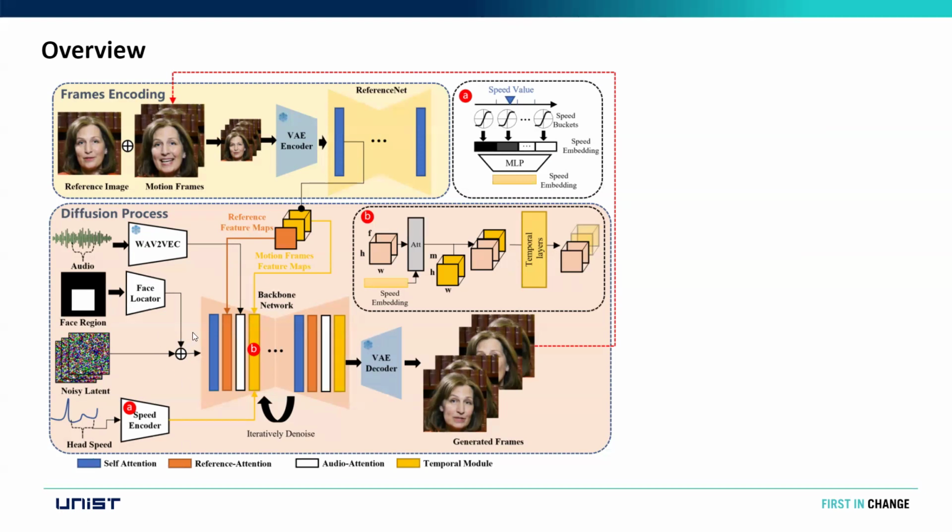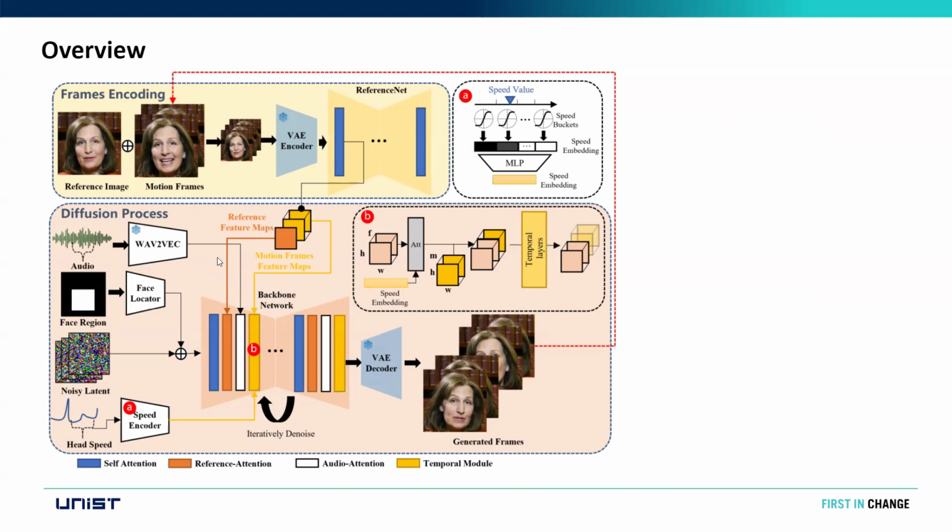They incorporated here reference attention, the second layer. The original Stable Diffusion also accepts text input, a text condition, but here we don't have a text prompt, so we change it to the reference attention, and the reference attention data comes from ReferenceNet, which is responsible for extracting features from the reference image and blending them to the motion frames.